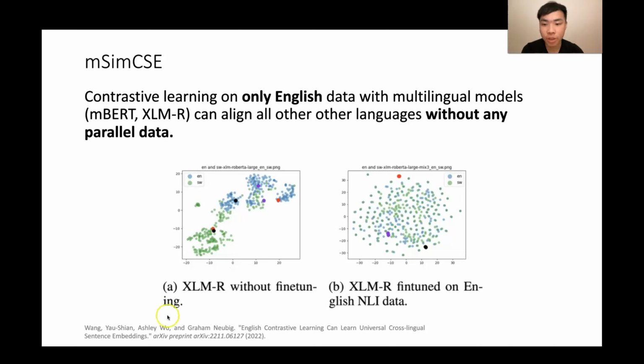So we can see in the figure here, the representation space for XLM-R is not aligned at all. So all the languages are separated. But if you fine-tune this model with the SimCSE objective, all the languages are aligned together. And this is without the supervision from parallel data.